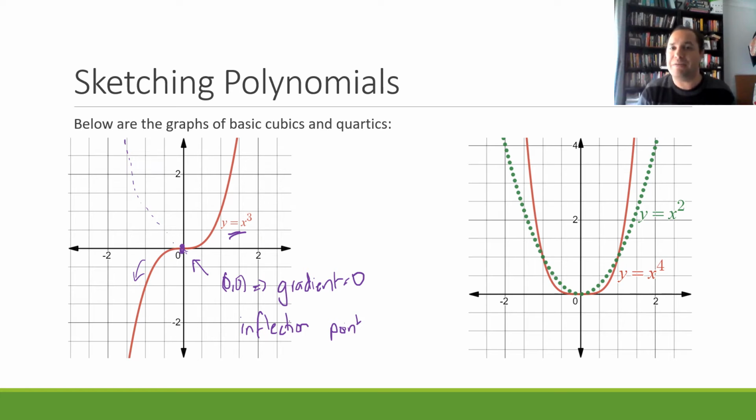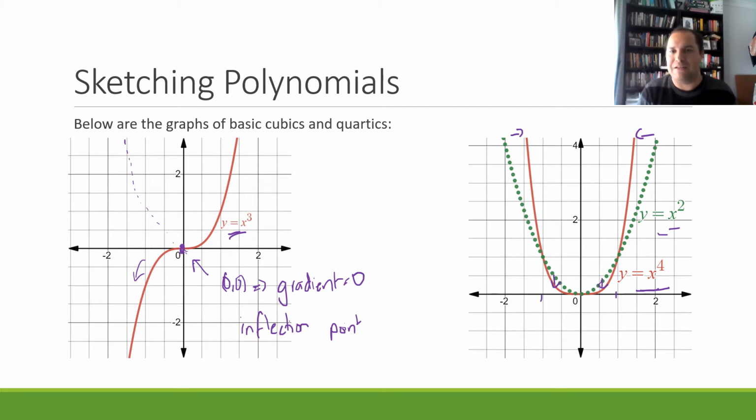Now on the right here we've got our quartic, so that's x to the power 4. Notice in the red it's got a very similar shape to our parabola, the x squared value, except that our quartic is a lot narrower. It's been compressed a bit this way, and also it's a lot lower when our x values are between -1 and 1.